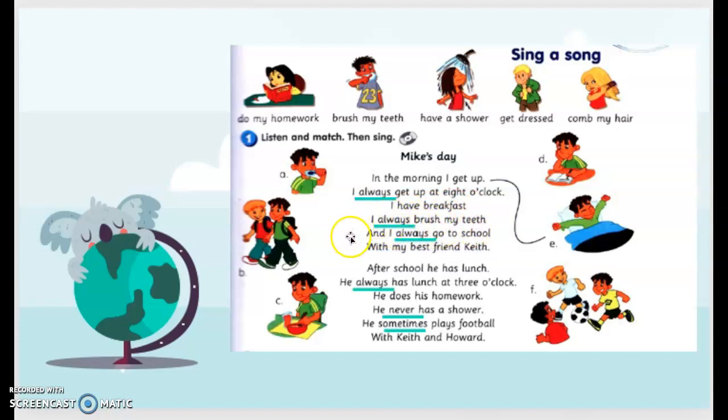And then he always goes to school with his best friend Keith. And after school, he has lunch. He always has lunch at 3 o'clock. He does his homework. He never has a shower. He sometimes plays football with Keith and Howard.